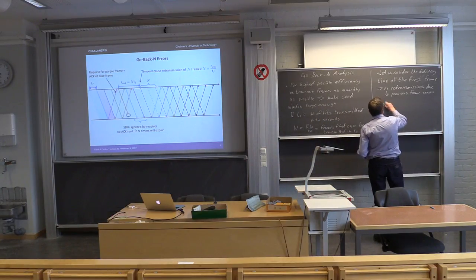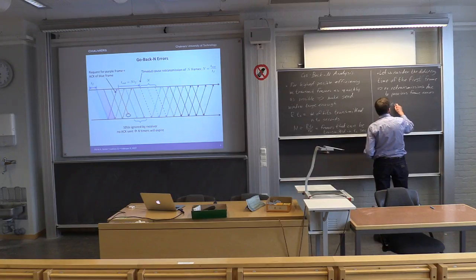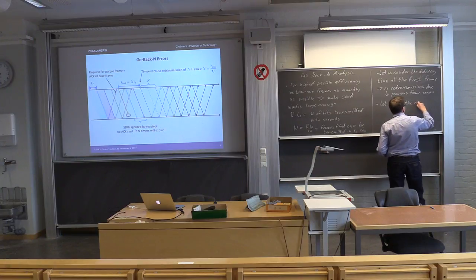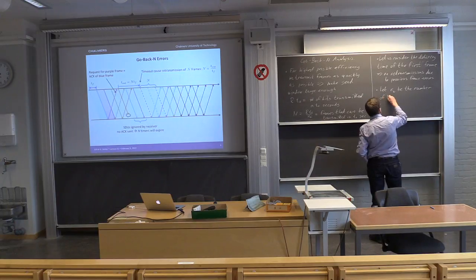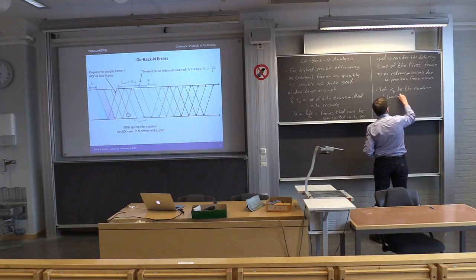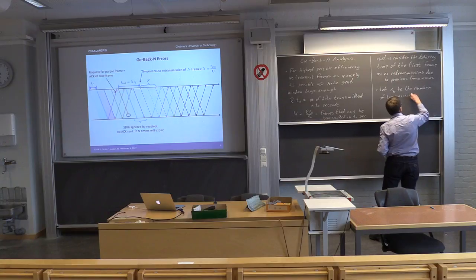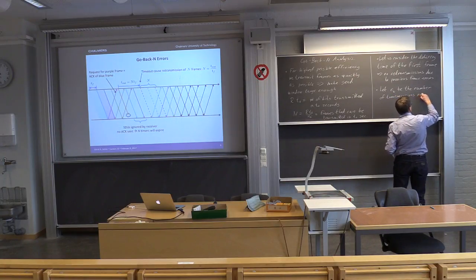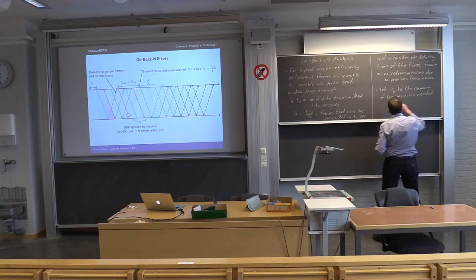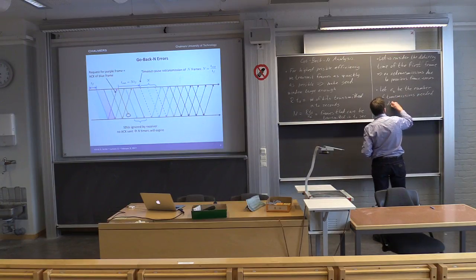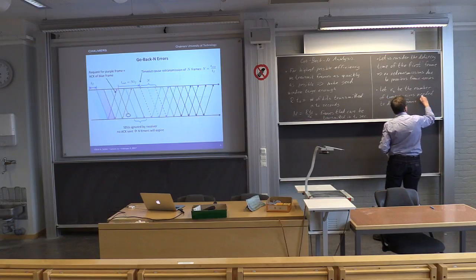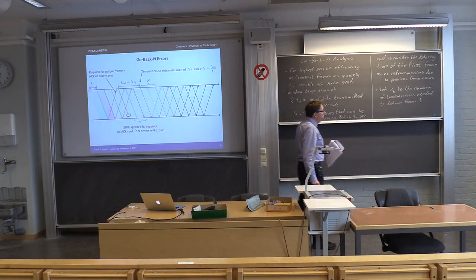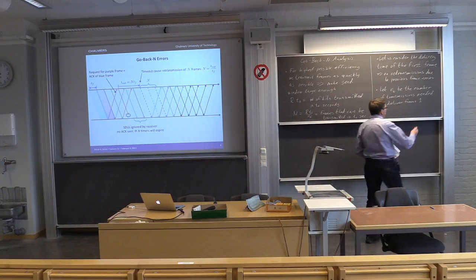So let Nt be the number of transmissions needed to deliver frame 1, and it's a random variable.